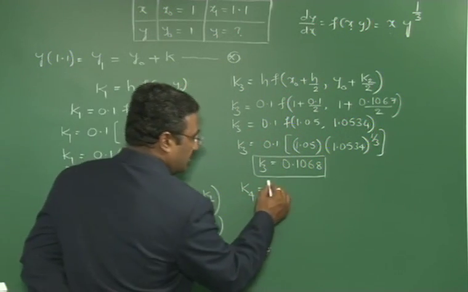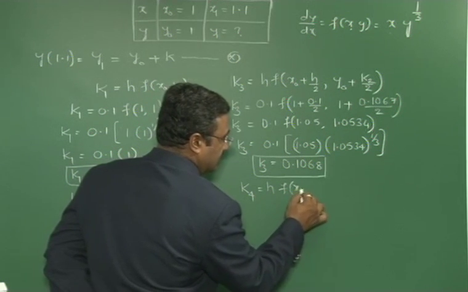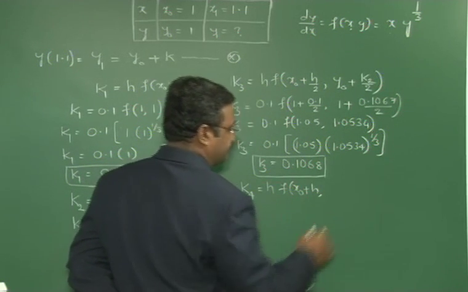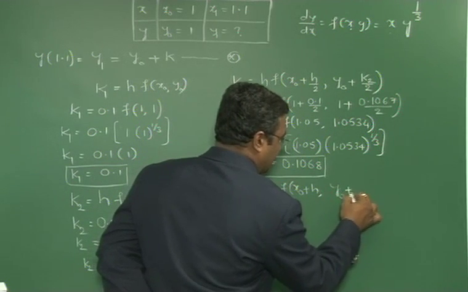Next, the last stage, we have to find k4. k4 uses the formula h into f of x naught plus h, comma, y naught plus k3.